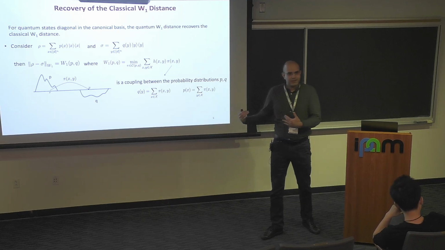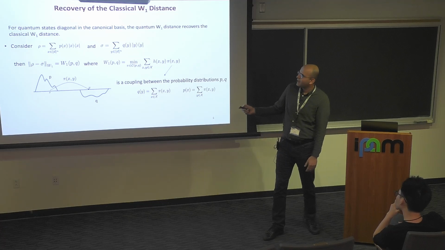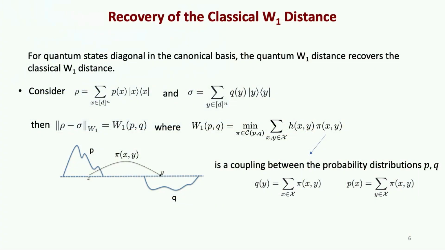Now, with this picture that I started from classical, went to quantum, it should be almost trivial that if I start from two classical states, if you want, states that are orthogonal in some basis, diagonal in some basis, and I have p's as the diagonal elements being my probability, q being the other probability distribution.